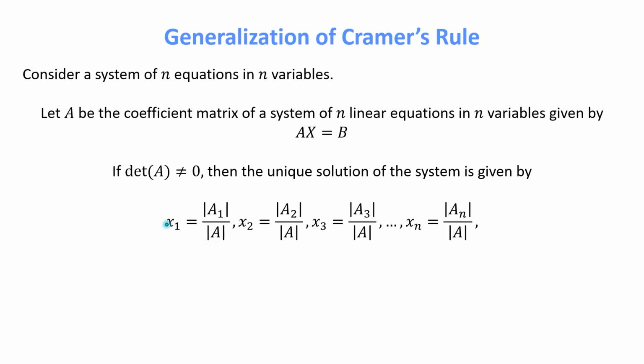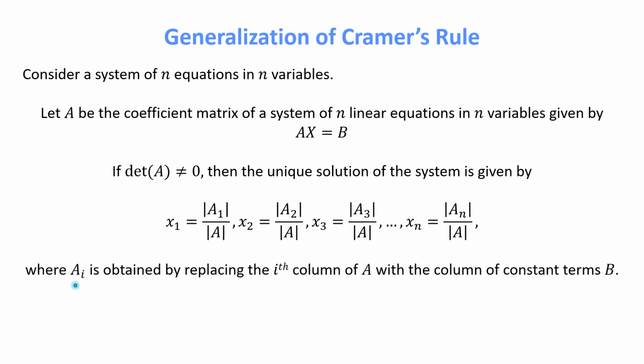So for x sub 1, we replace the first column of the coefficient matrix with the entries from the column vector B. And for the nth variable, we replace the nth column of the coefficient matrix with the entries from the column vector B.